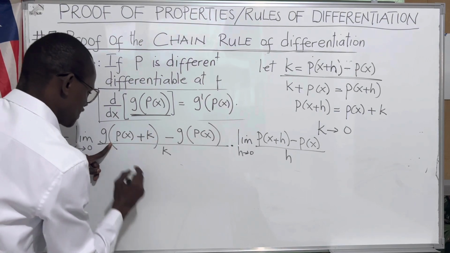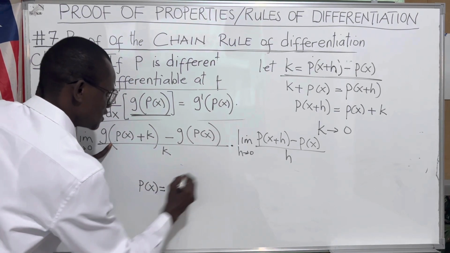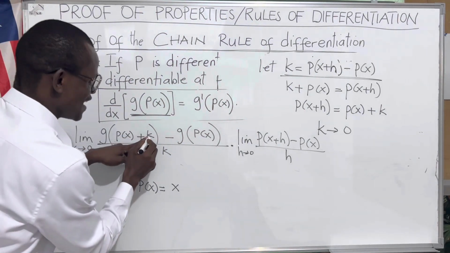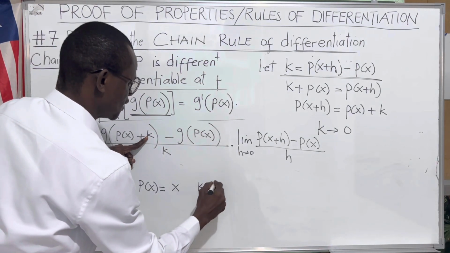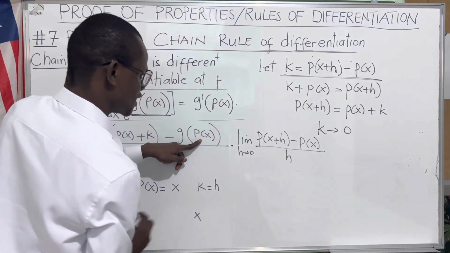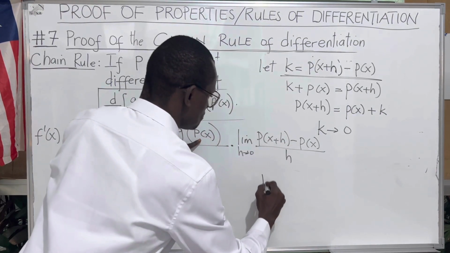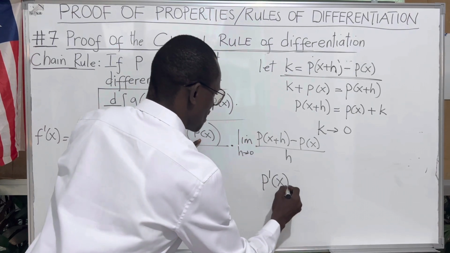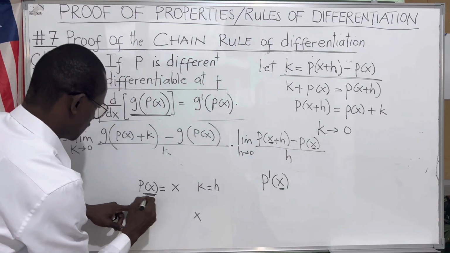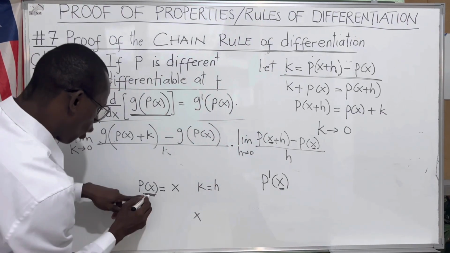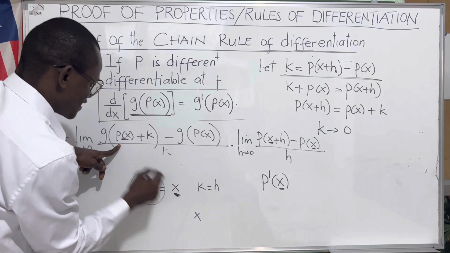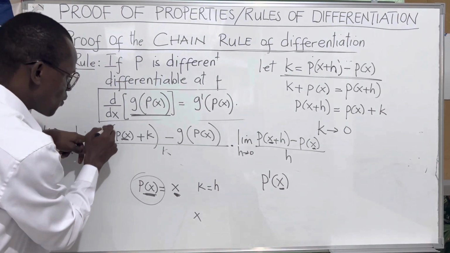So this p of x is just representing x, and then this k is representing h, and this p of x is also representing x. So it means that if this one now is p prime of x, p prime of the x that is here, then this should be g prime of the entire p of x, because p of x is representing x.